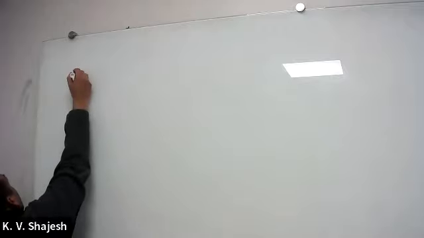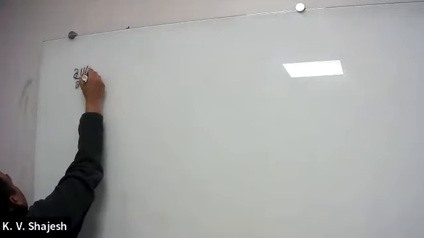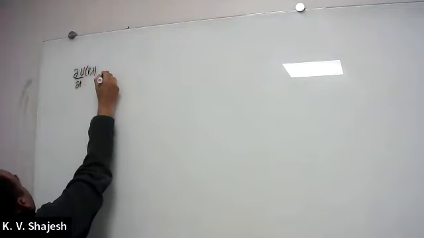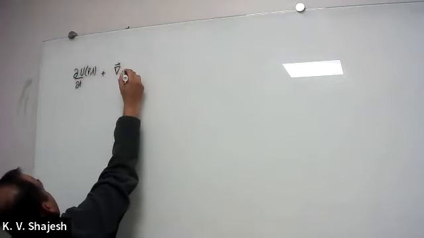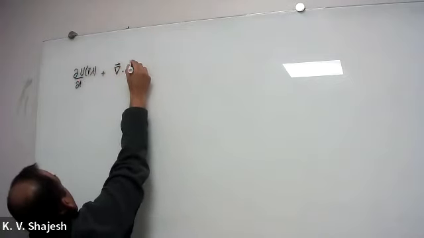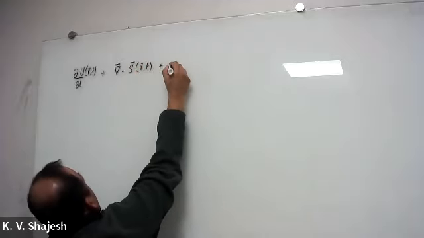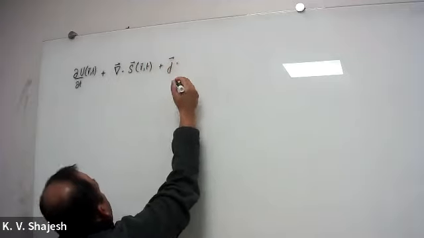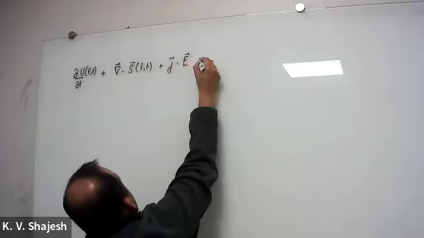So remember we have the derivative of u with respect to time. This is all in the time domain, plus the divergence of the Poynting vector, plus j dotted with E, is equal to 0.